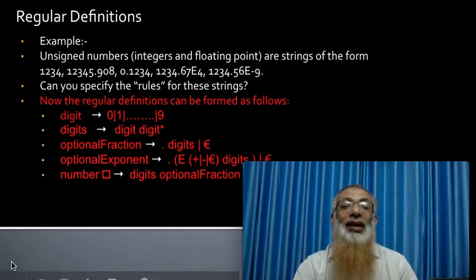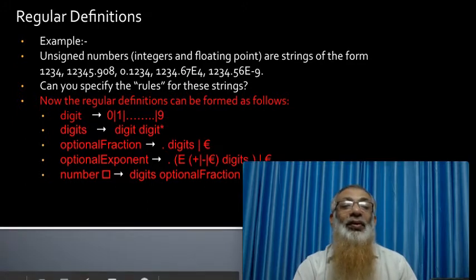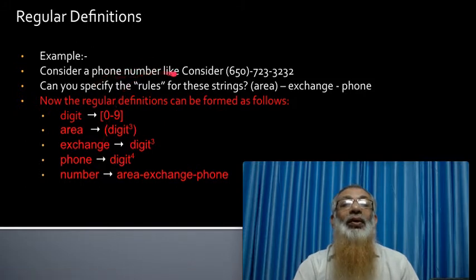Now let us take one more example of this. Suppose that we have a phone number like this. What can be done? Now this phone number, as you see, has these components. This is the area code, which is enclosed in a pair of braces.